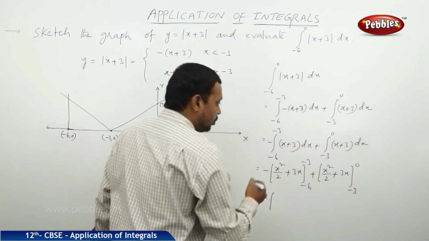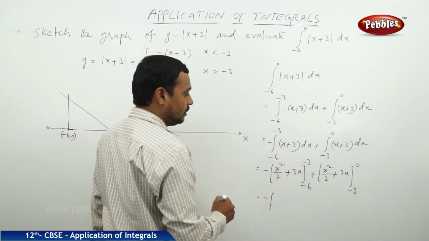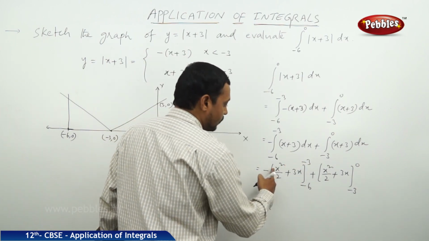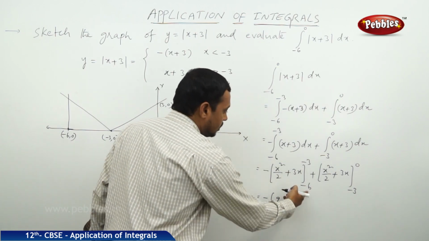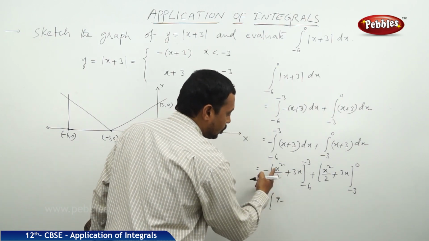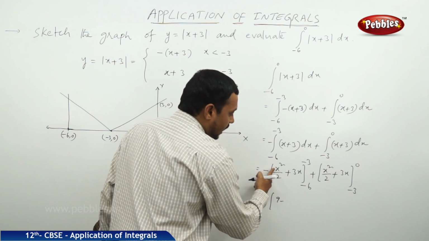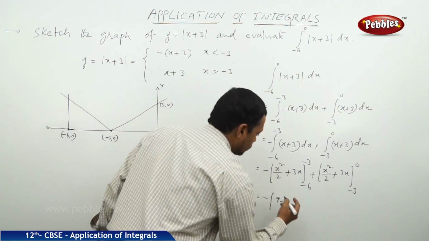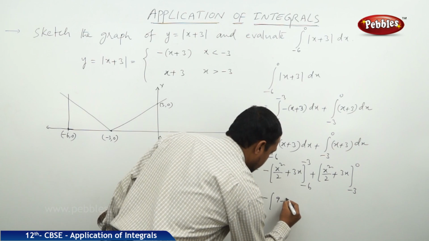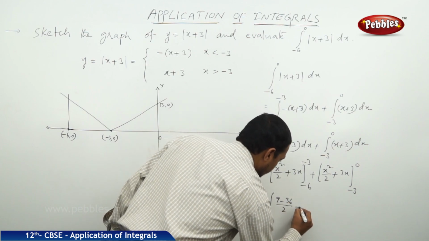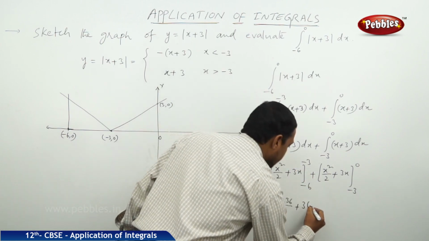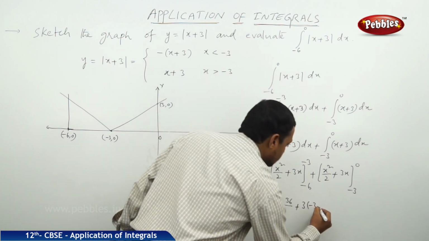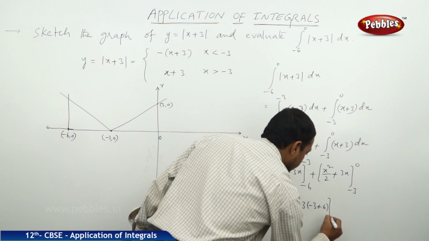Now put x is equal to minus 3 here, upper limit, minus 3 whole square, 9, minus the lower limit, minus 6 whole square, that is 36 by 2, plus 3 into minus 3, and this is minus of minus plus 6.